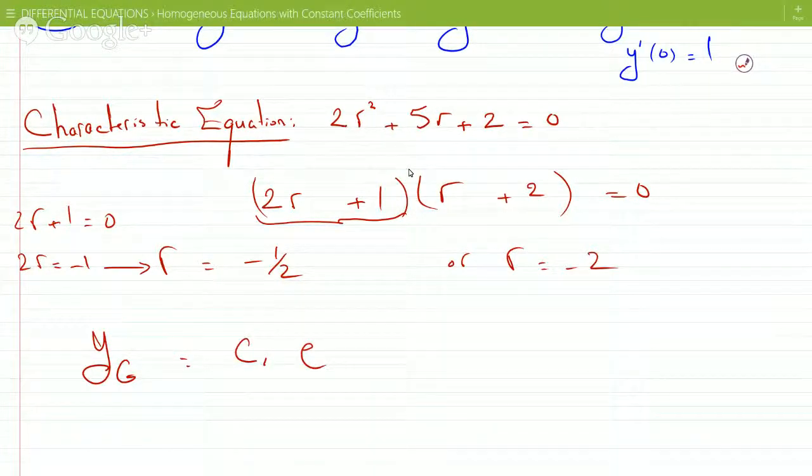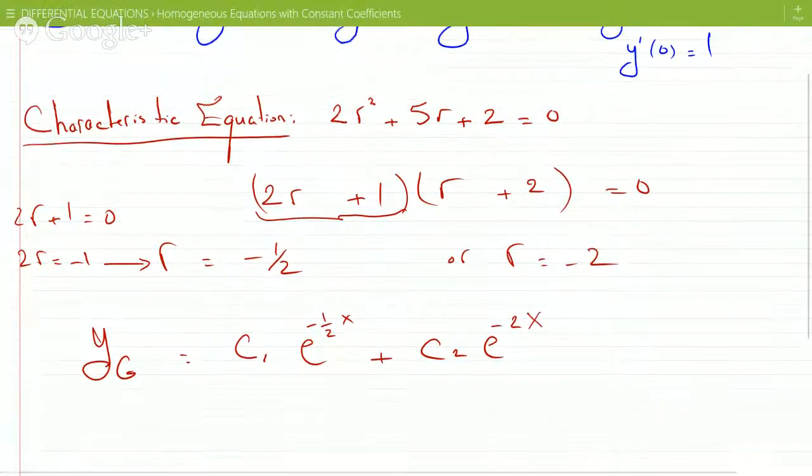Its exponential is raised to the r's, right?